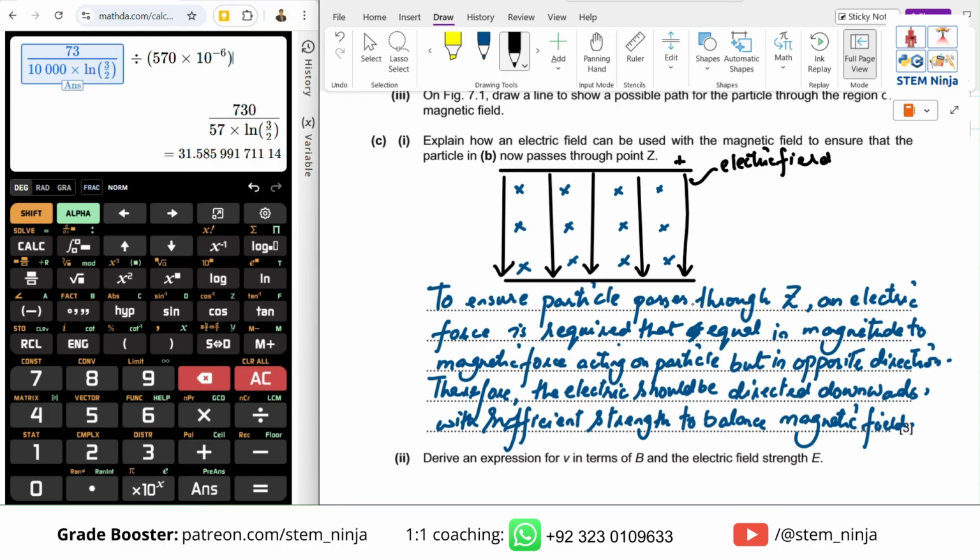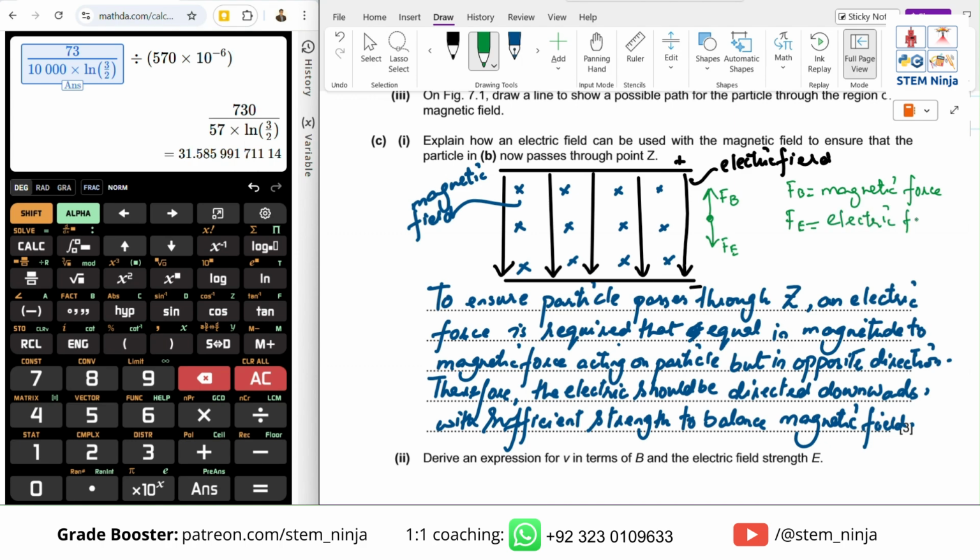This means that this is going to be plus, this is going to be negative. You could describe the particle also with FB and FE, where FB is the magnetic force and FE is the electric force, and net force FB minus FE is 0.